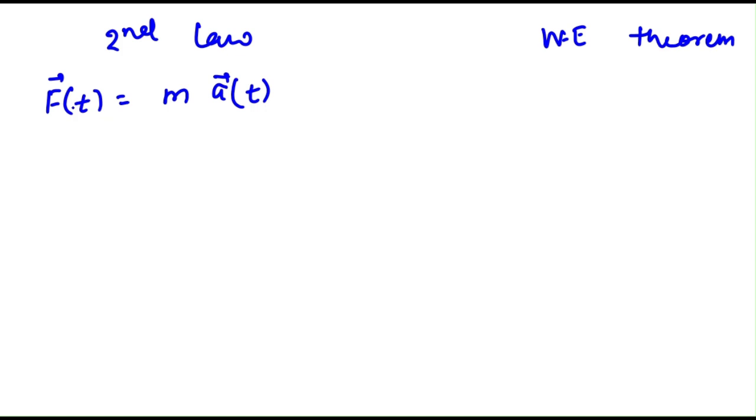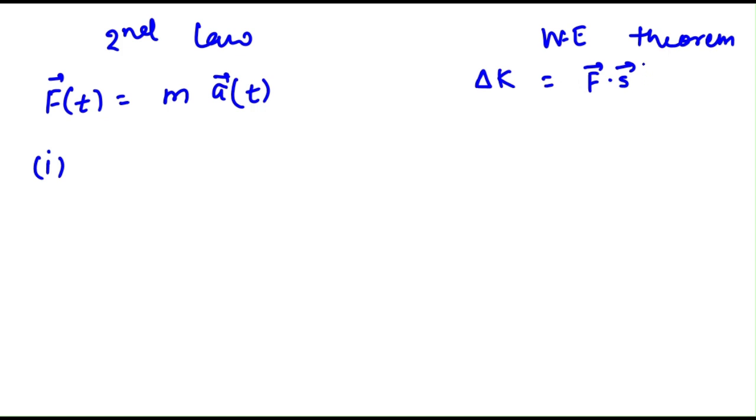But look here, we can add these vectors here because acceleration is a vector quantity, force is also a vector quantity, and this mass we can take as constant for the time being. In the work energy theorem, there is change in kinetic energy equals work done, that is F dot S. So the first thing we can say, look, Newton's second law of motion has information about directions, but this is going to give us a scalar quantity.